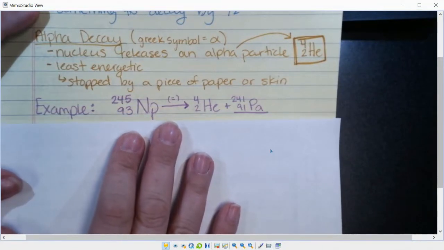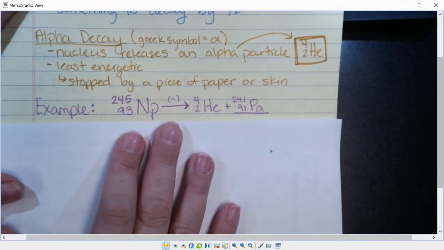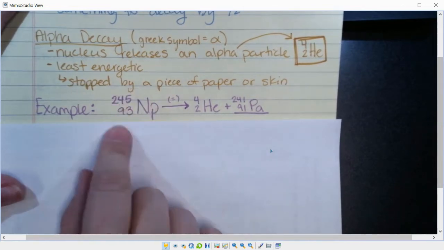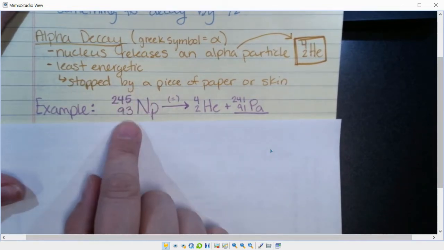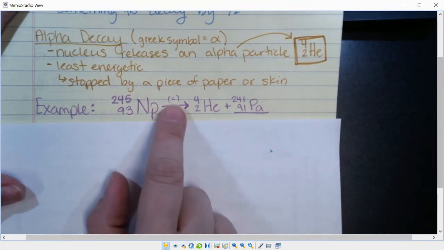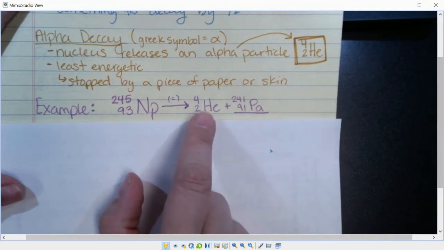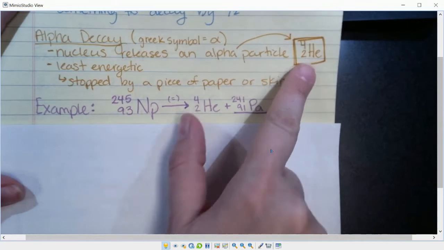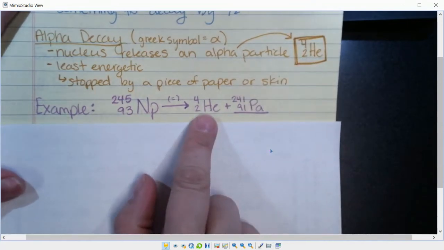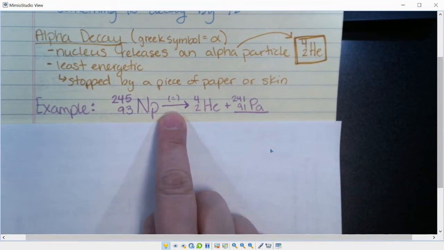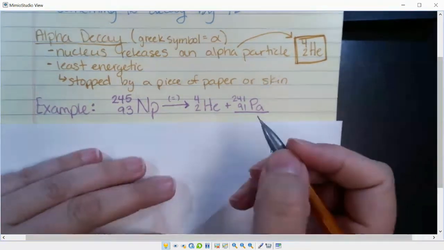And if we're doing an example of a nuclear reaction that undergoes alpha decay, if I have this atom and it undergoes alpha decay, I'd represent that with an arrow. And on the right side of the arrow, it's releasing an alpha particle, which we said is represented by this helium atom. And so from here, if I think of this arrow like an equal sign, I just need to make the numbers on the top match.